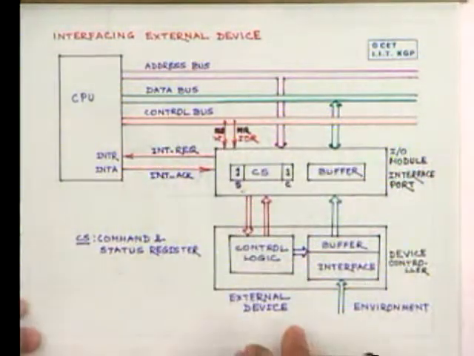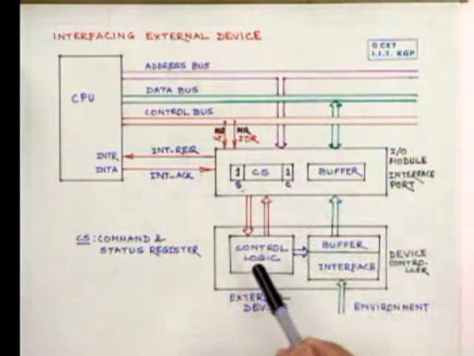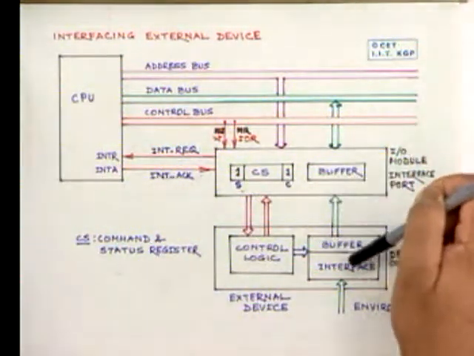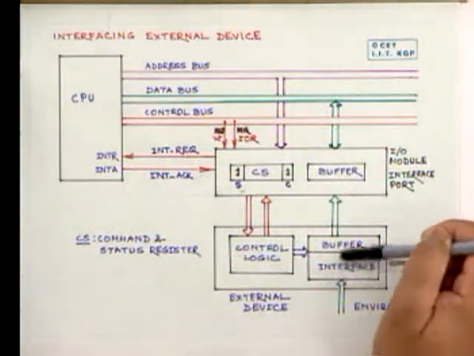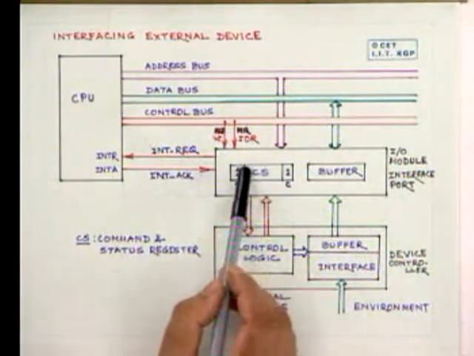Why not, after issuing the command here, to read some data, or in the case of an output device, to write data into the device, or tell the device to write the data into the environment, while the CPU goes on doing something else. It just gives a command through the interface to the device that you do the job, and then it flies off to some other program and starts executing it, which will be an effective utilization of the CPU time.